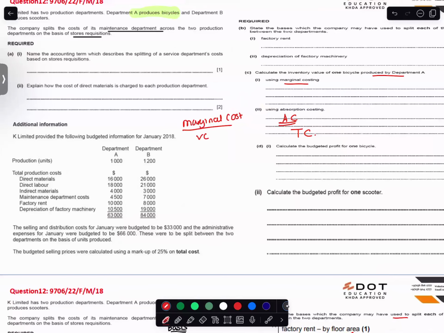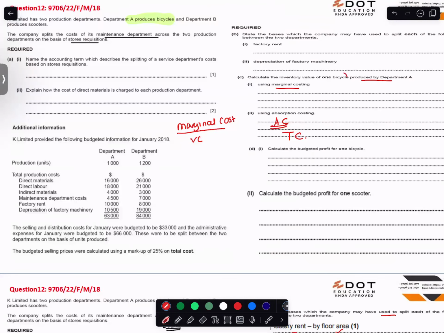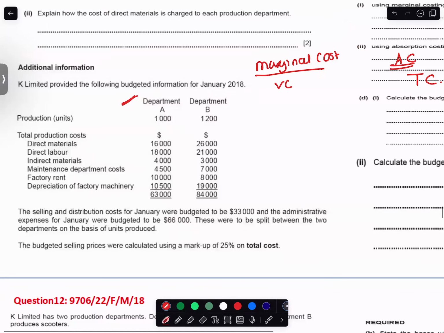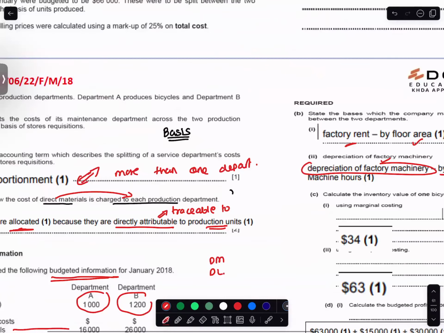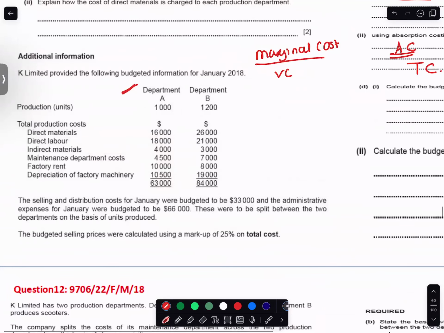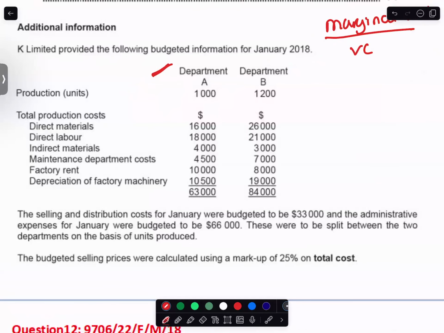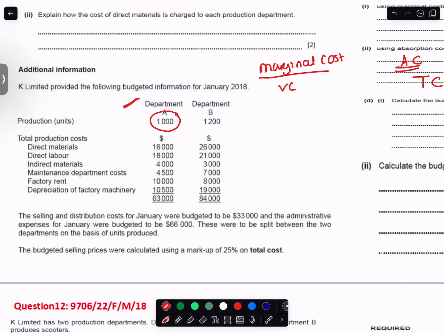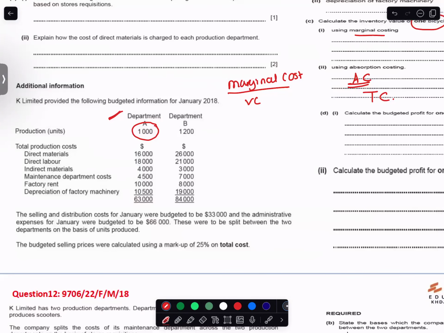Very good. So you want to know the inventory valuation of one bicycle produced by department A. What is the total number of bicycles that department A is producing? 1,000 is the number of bicycles that is produced by department A. I want to know the cost of one bicycle using marginal costing.